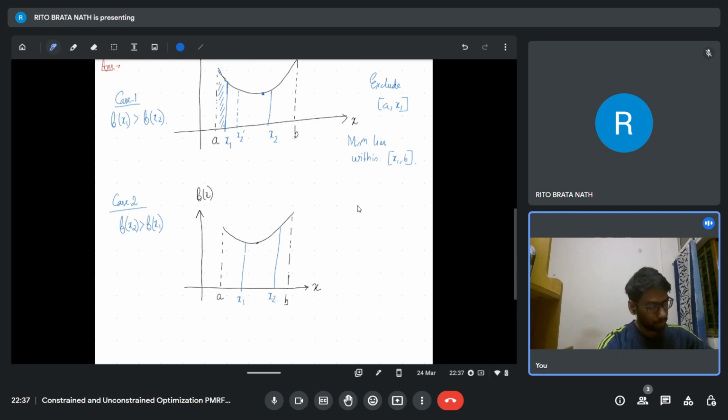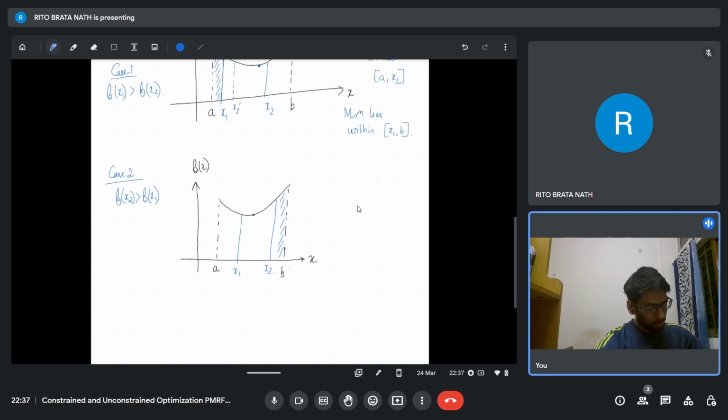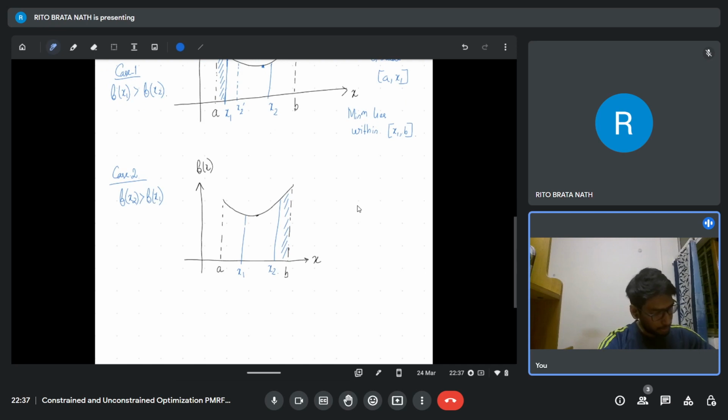In this case, you know that you can exclude this portion because this part doesn't include the minima, right? Or you could have taken your x1 here as well. In that case also you could have excluded this right portion, but you couldn't have taken your x1 and x2 both on the left of the minima, because in that case f(x1) would have been greater than f(x2).